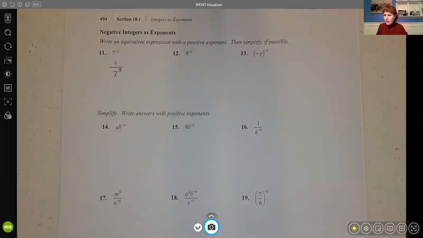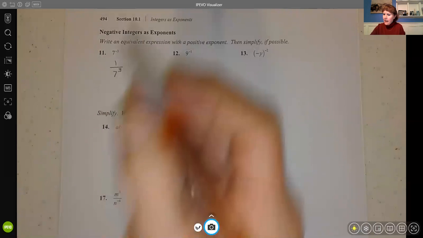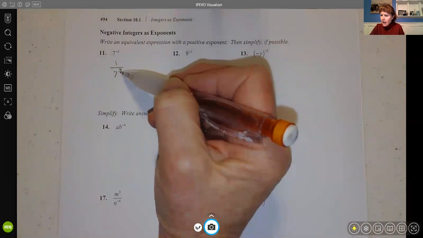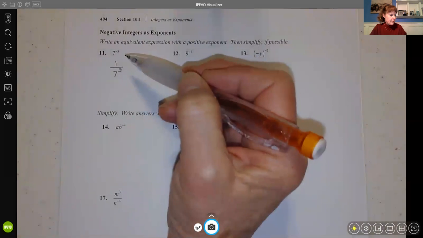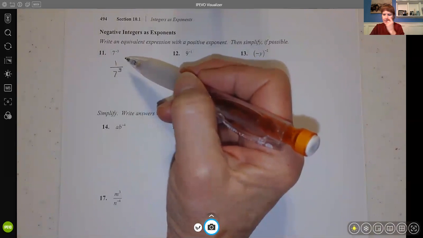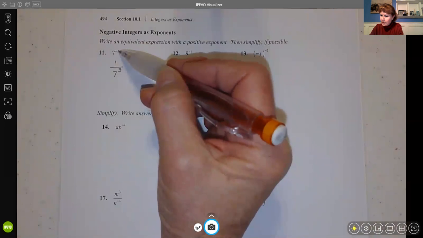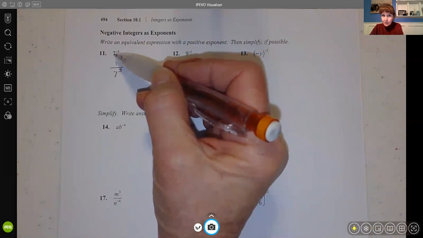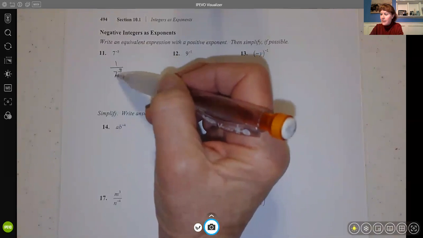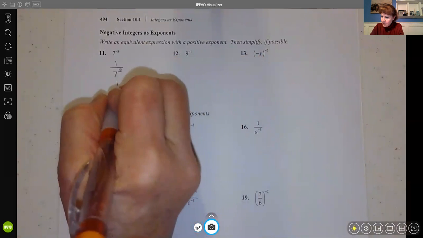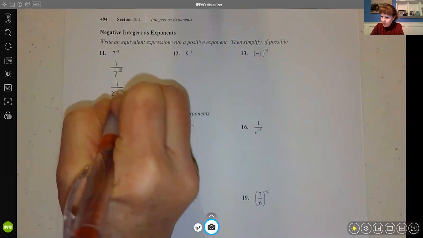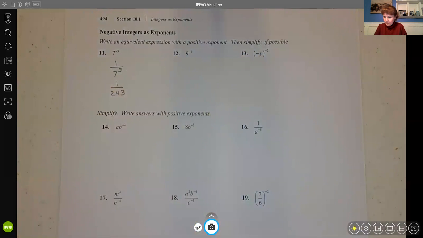And again, it doesn't matter the order that you do this. You could actually cube the 7 first and then flip it, or flip that and then cube it. So 343, not 243, sorry, my fault.